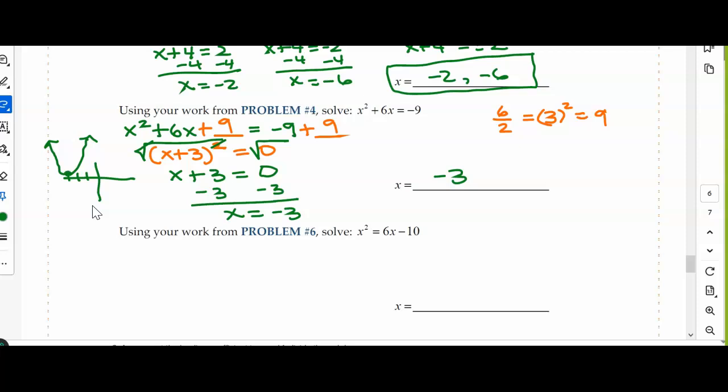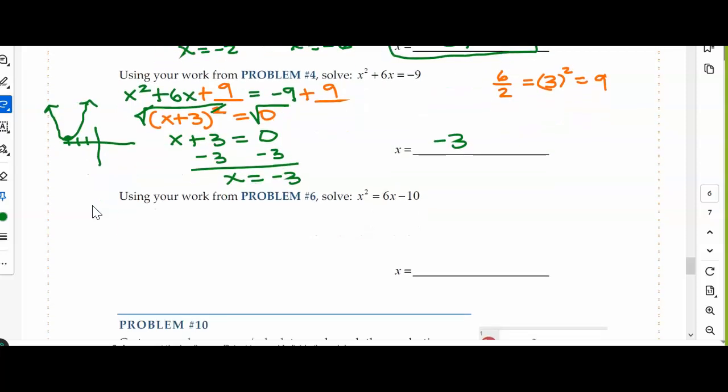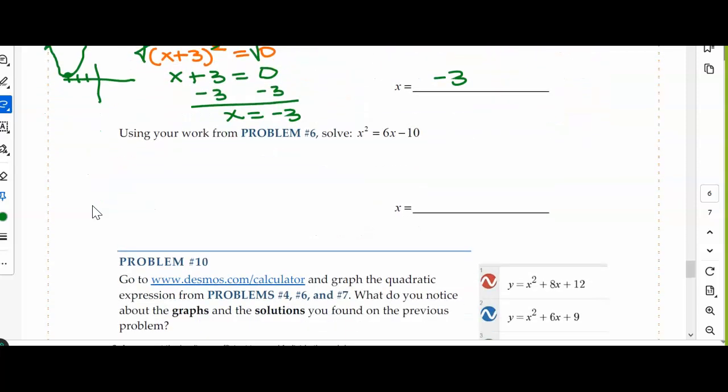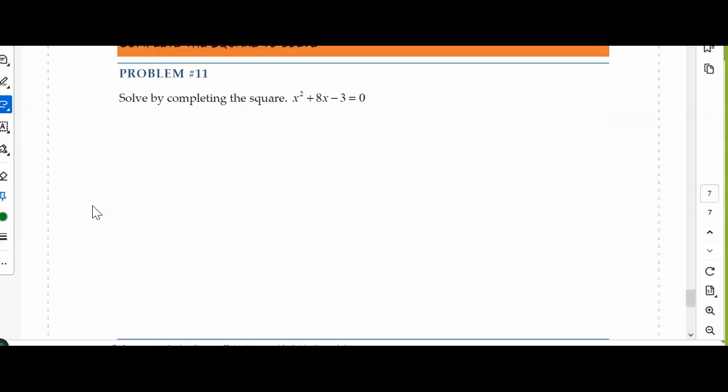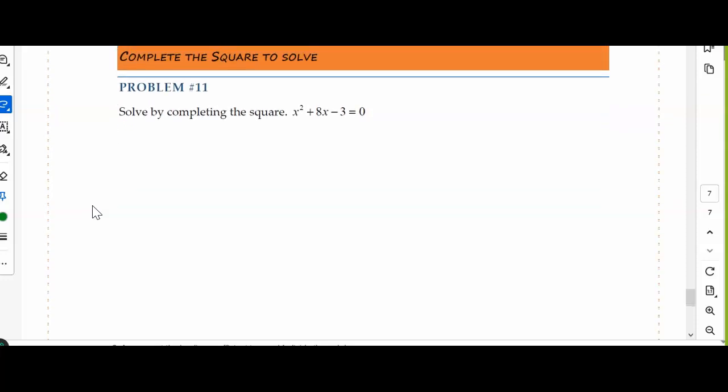It's not crossing like it would be on this one. This one is crossing the x-axis at negative 2 and negative 6. But on this one, it's just touching right there. The vertex of the parabola is there. Okay. All right, let's go down and do just a couple more here, and then we will be done.